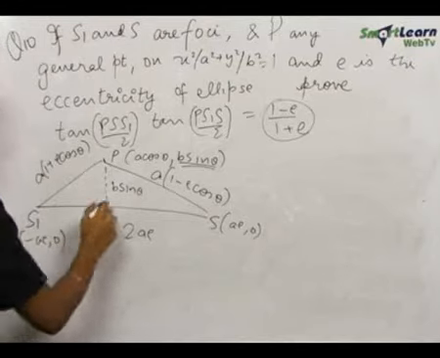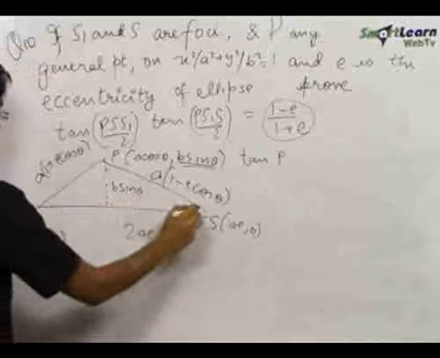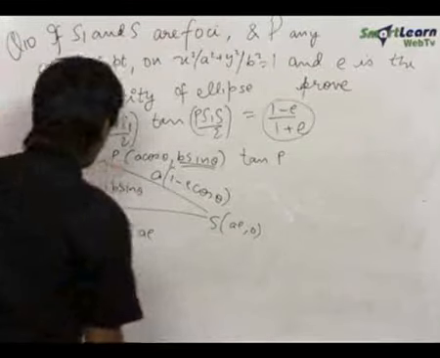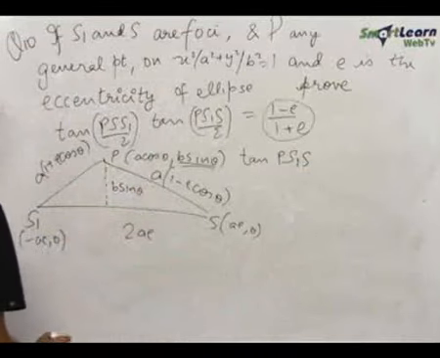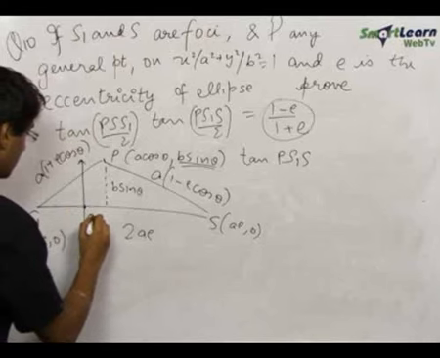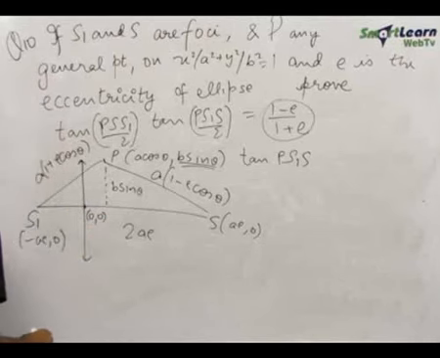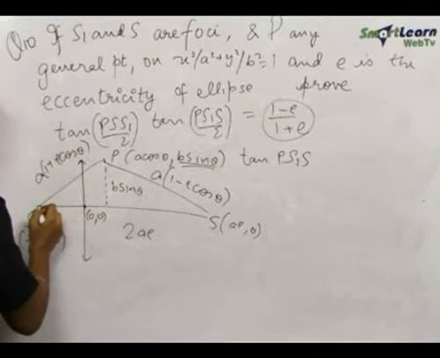So from over here we can get tan of PS1S. If this is the coordinate axis, this is 0 comma 0. So we have tan of PS1S is equal to this upon this length.